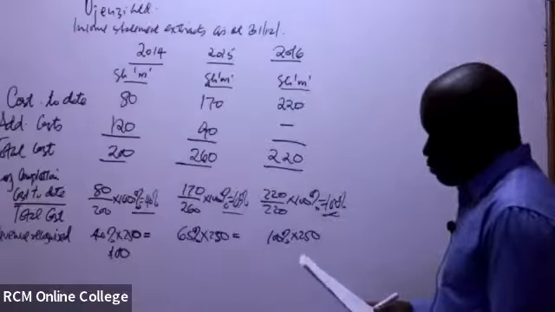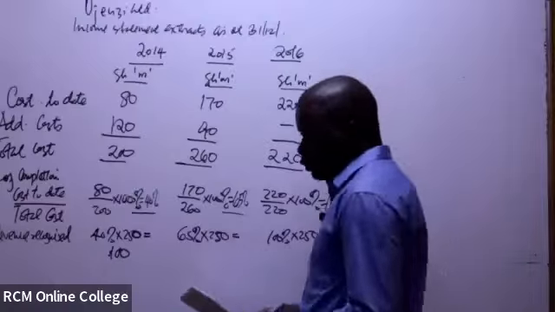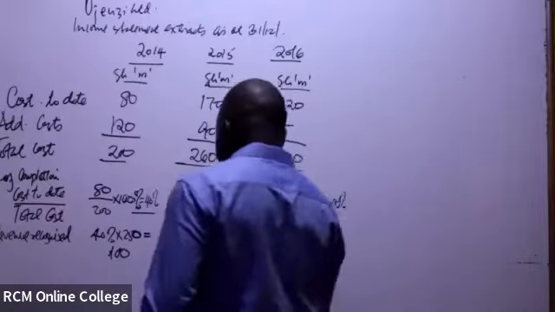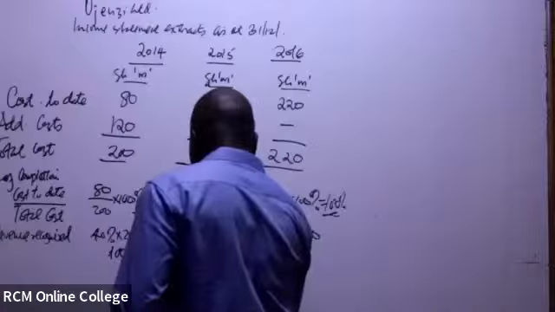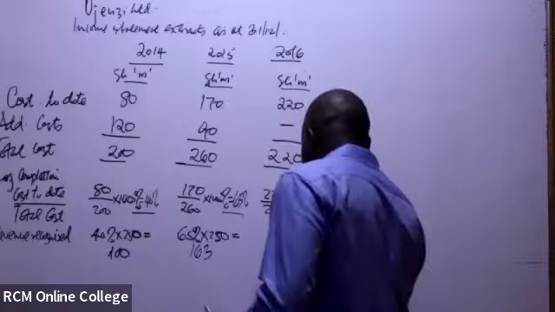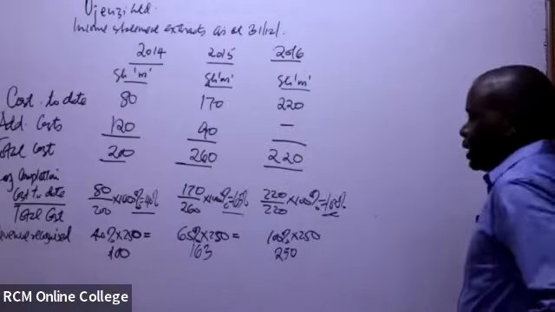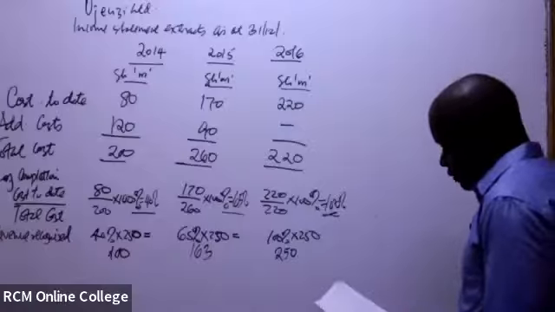So which one do we use? Because most of you like that figure, let's use 163. Then this one is likely to be 250.